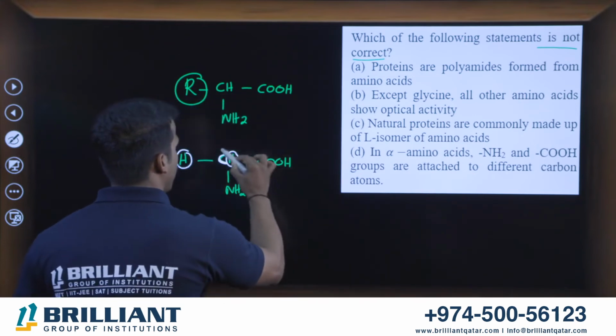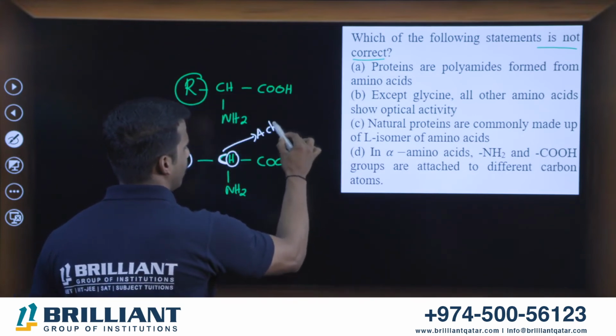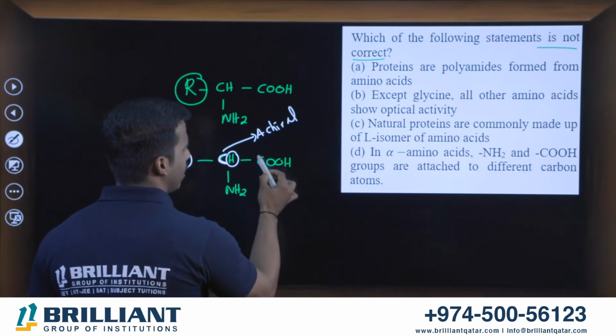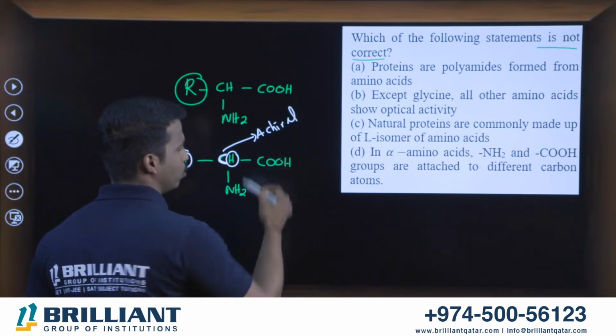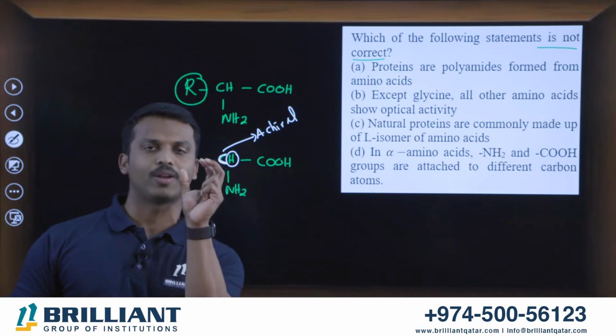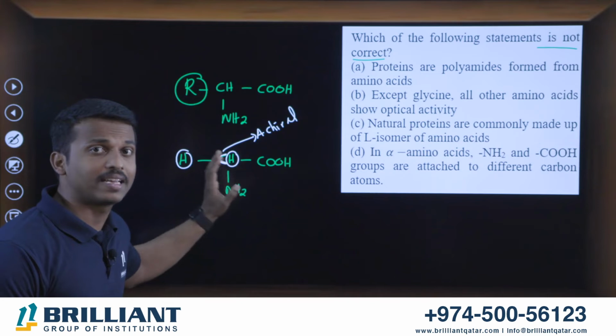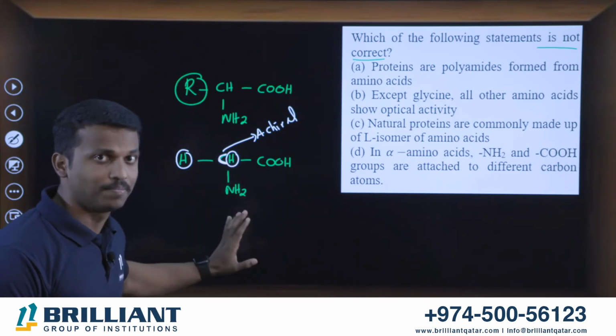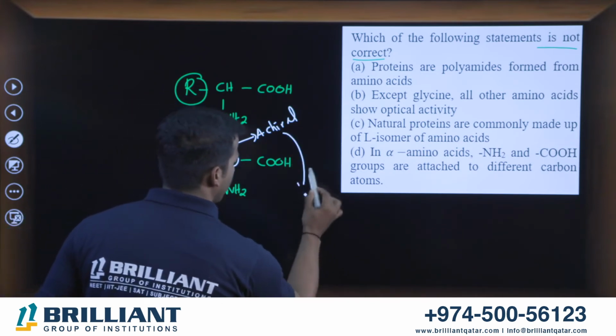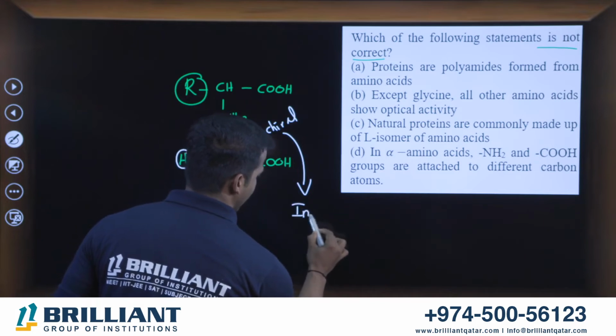So this carbon is achiral. What about this carbon? This is C double bond O, right? Two valencies are connected to the same element, oxygen. This is also achiral. So glycine doesn't contain any chiral carbon atom. Therefore, glycine is optically inactive.